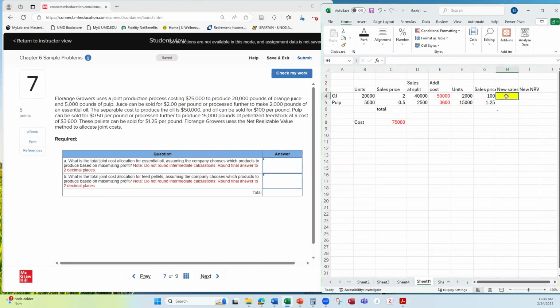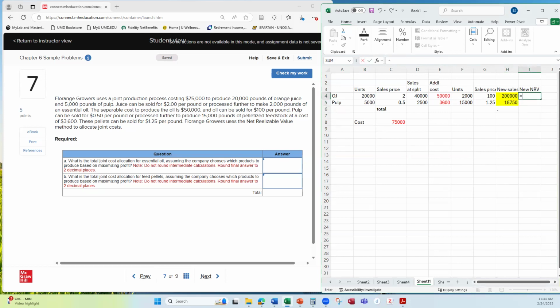Okay, so the new sales then would be $200,000 for the oil and $18,750 for the pelletized feedstock.